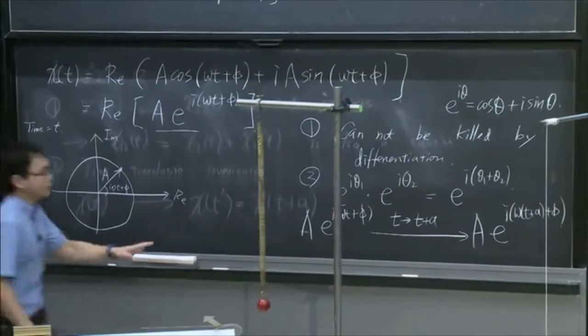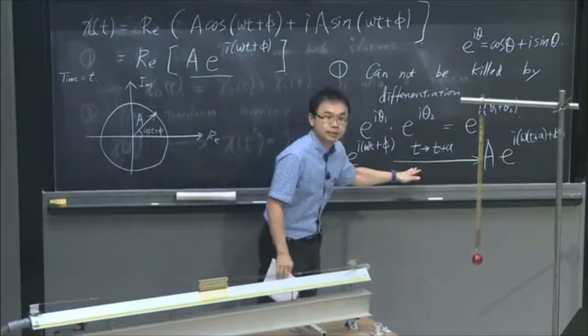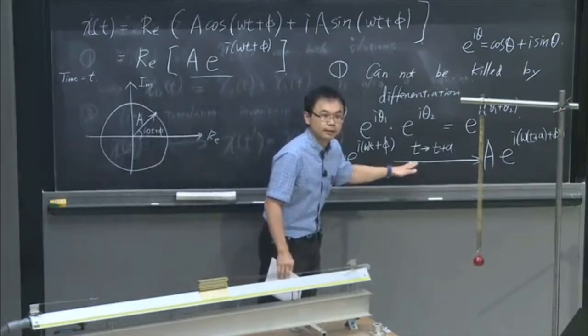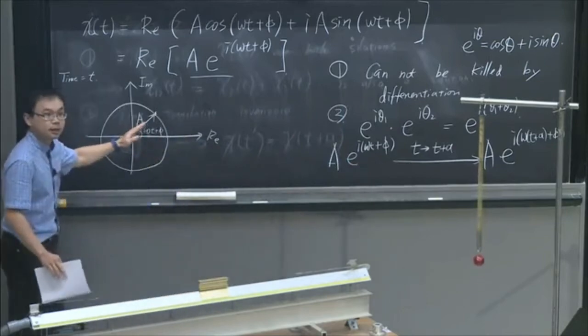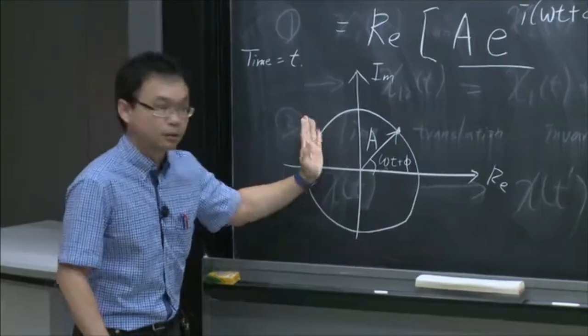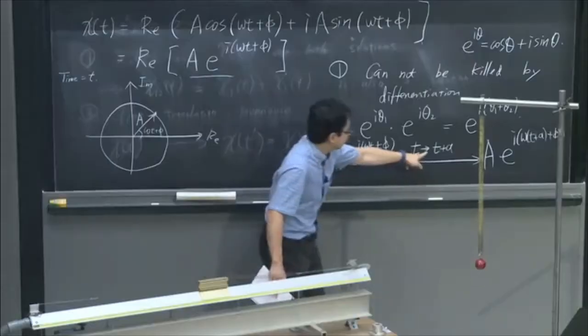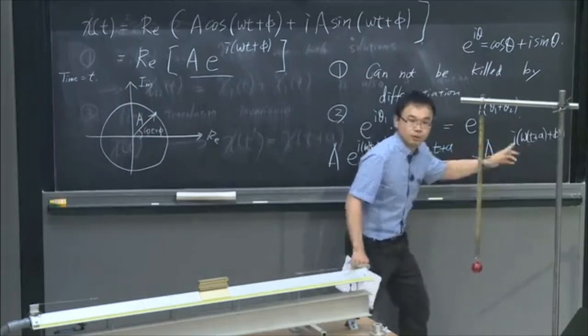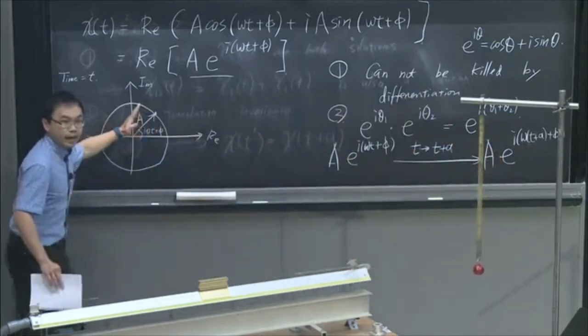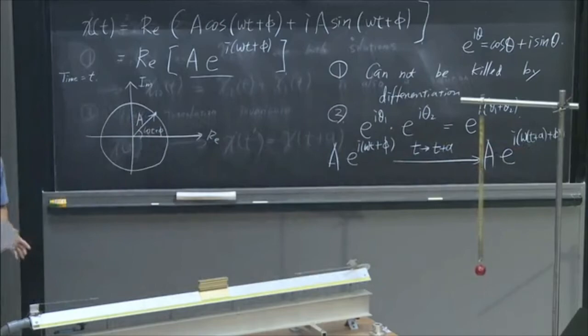So time translation, in this notation, is just a rotation in the complex plane. You see? Now t becomes t plus a, and you are just changing the angle between this vector and the x-axis.